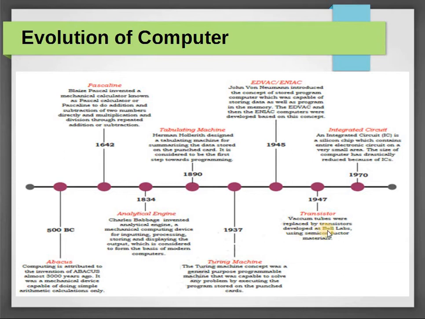It was developed at Bell Labs using semiconductor materials. Then in the 1970s, the integrated chip was discovered, which is a silicon chip that contains an entire electronic circuit on a very small area. The size of computers has drastically reduced because of ICs.